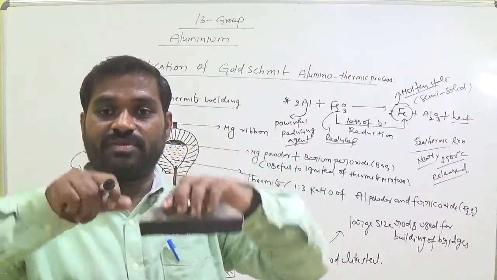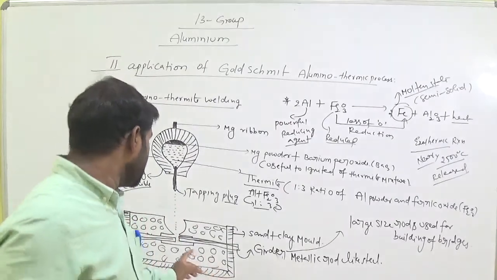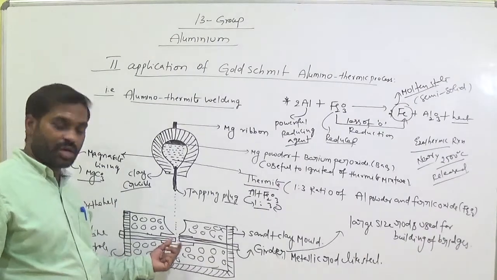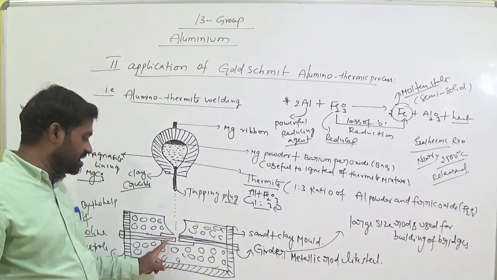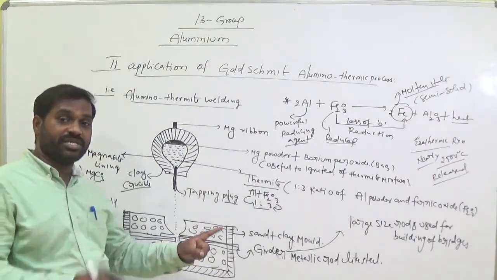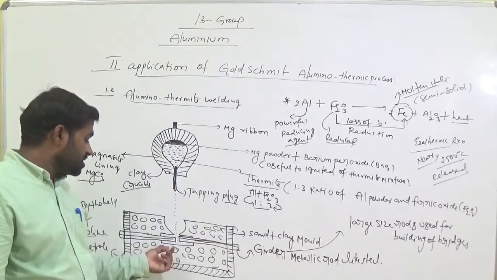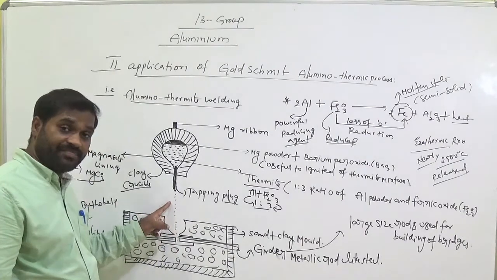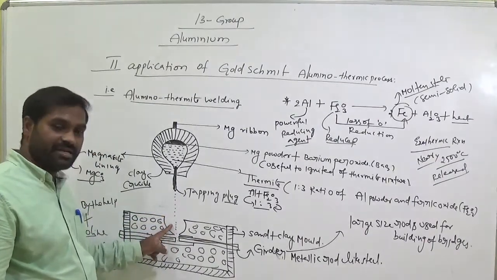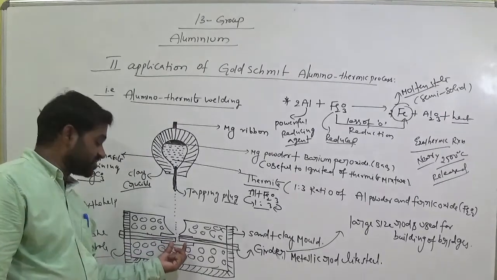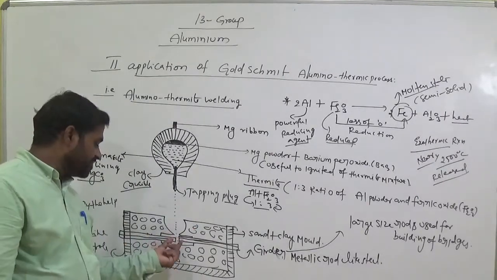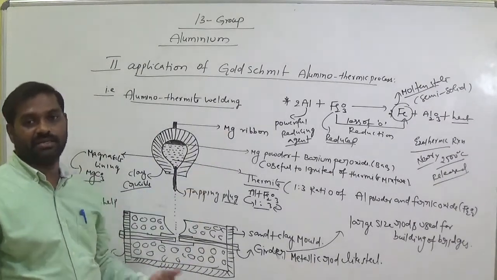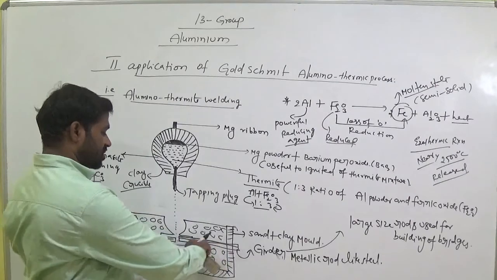To join these two rods, we use this molten iron, which welds them, meaning connecting these two. So this is the thermite welding process using high heat energy. Okay, clear?